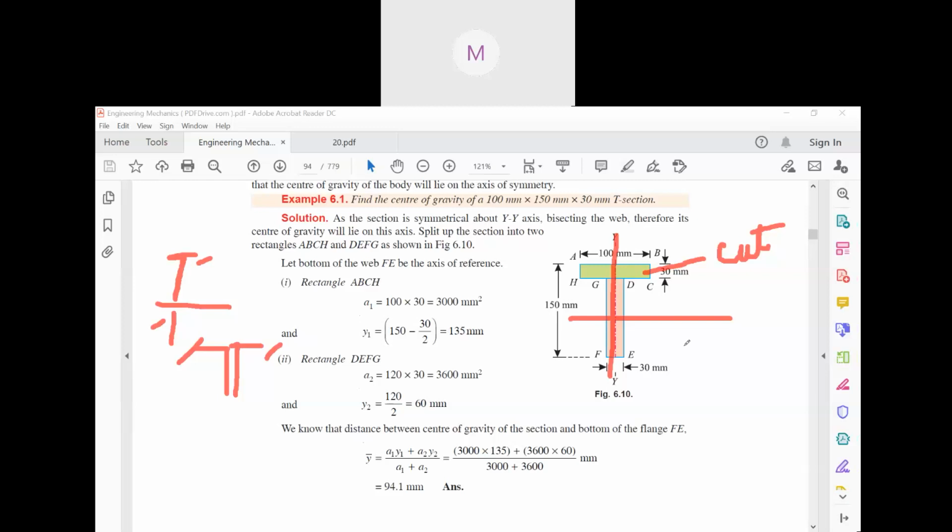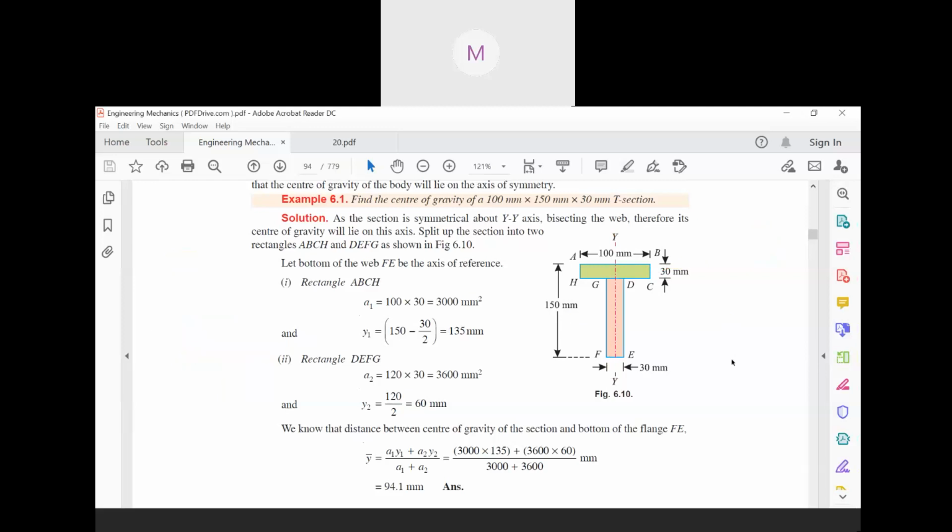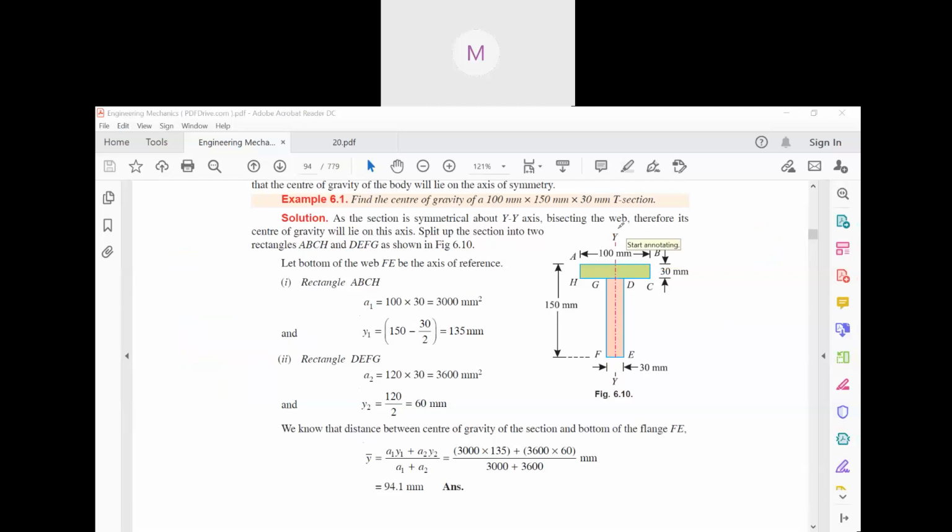So now if you pay attention, we'll have to find out first in which axis it is symmetrical. Now look, if you cut the figure here, it is symmetrical about the y-axis, right? This is the y-axis, yes or no? This is basic class 10 mathematics. So if you cut it by the y-axis, then it is symmetrical.